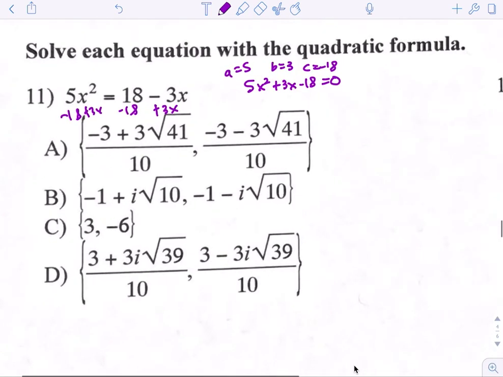So x is equal to negative b, which is negative 3, plus or minus the square root of b, 3 to the second, minus 4 times 5 times negative 18, all over 2 times 5.